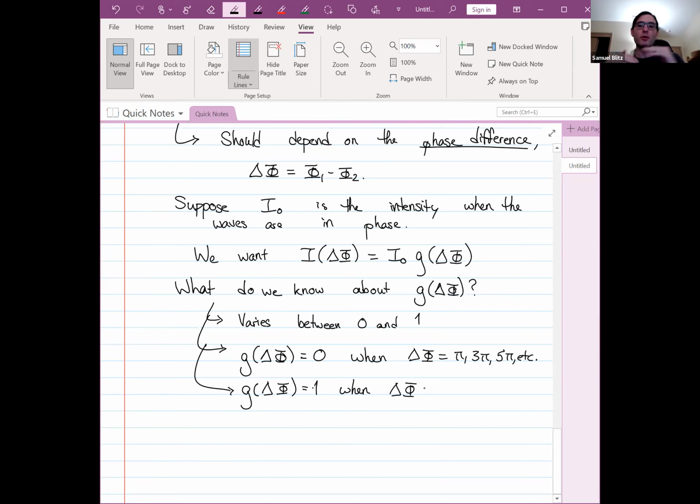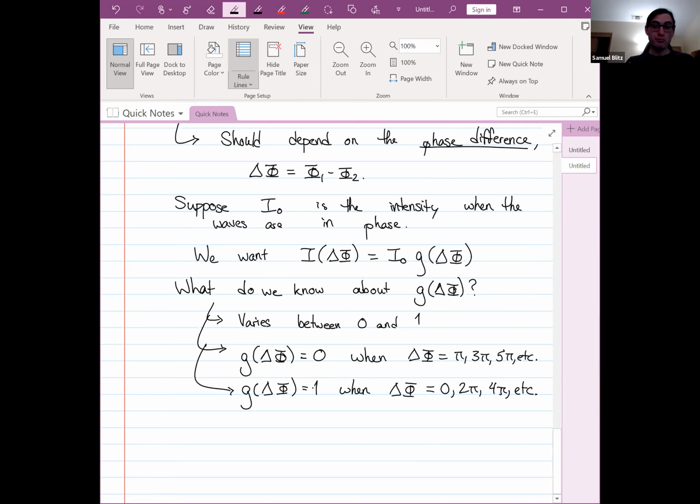If they differ by 2 pi, that's just like going around the unit circle and ending up back where you started, or 4 pi, go around, end up back where you started. So the argument is the same. Cosine of x plus 2 pi is cosine of x. Cosine of x plus 4 pi is cosine of x, and so on. So we already know some things about g. We just need to figure out the rest.